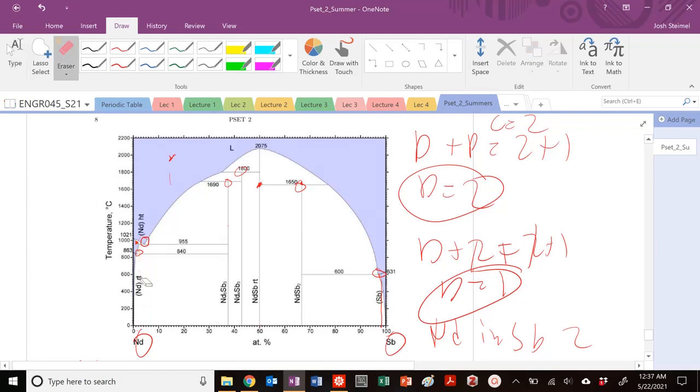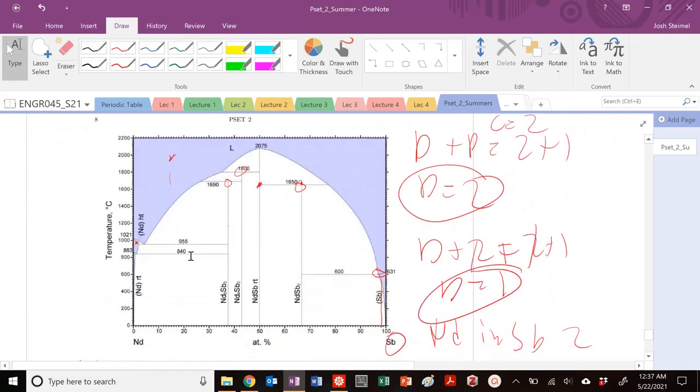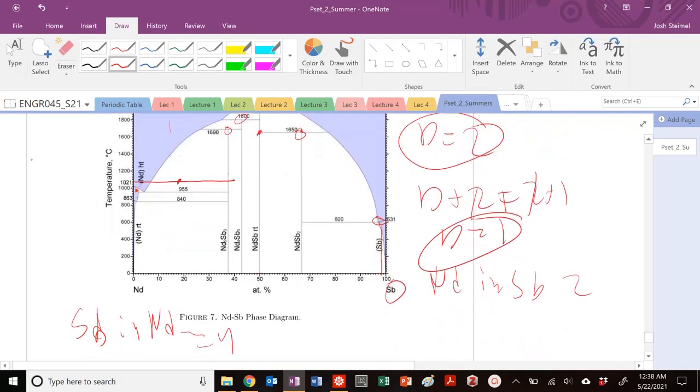So let's go ahead and write that down. So I have 20 atomic percent here and at 1021. So that is going to give me, I'm in a 2-phase region, so I should have some concentration in the liquid phase, and I should have some concentration that is Nd5Sb3.